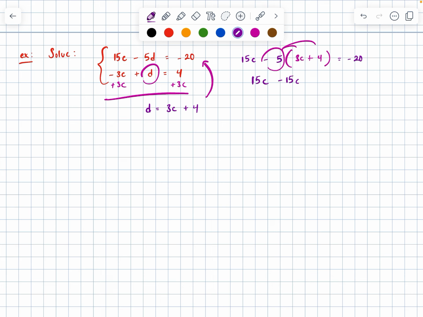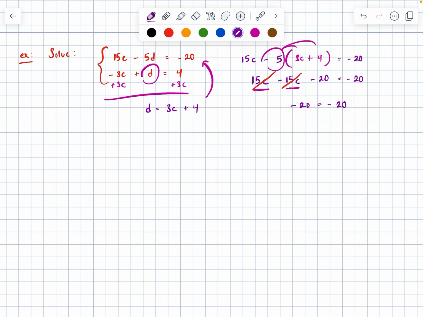Negative 5 times 3 gives me negative 15c. Negative 5 times 4 gives me negative 20 equals negative 20. Look at that. 15c minus 15c is equal to 0. So I've got negative 20 is equal to negative 20.